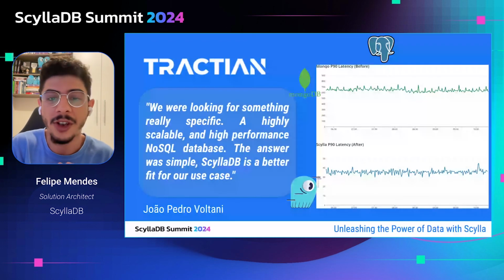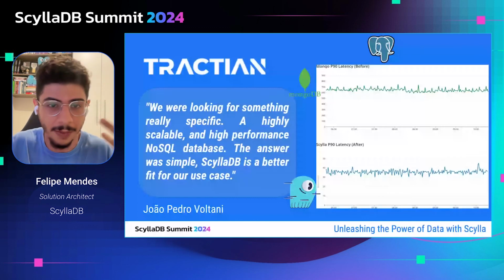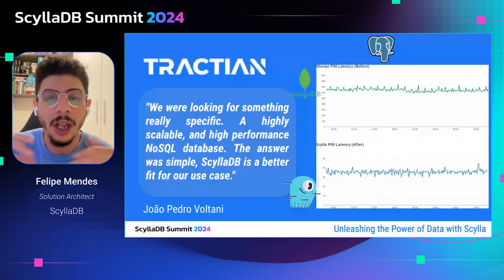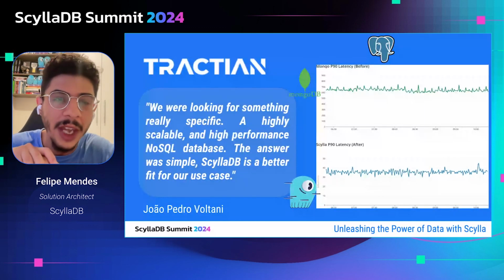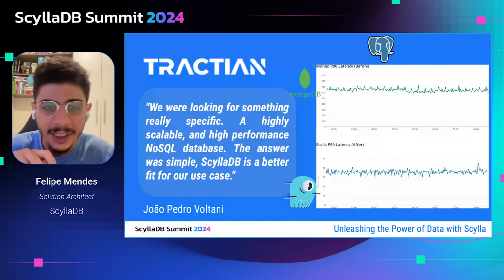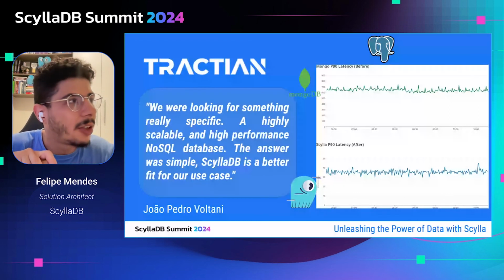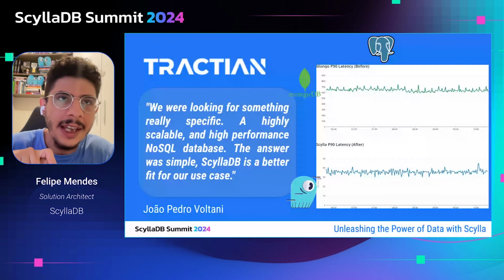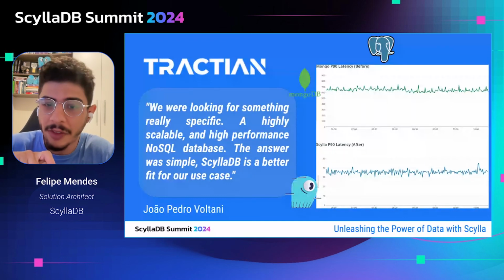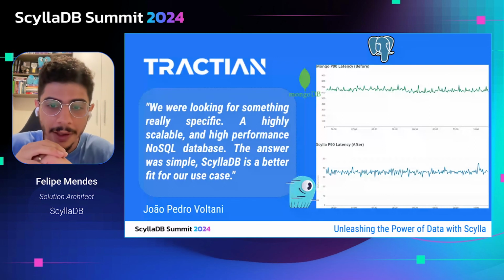And Traction also, similarly to what I just posed to you, thought that ScyllaDB would be an overkill for them. At the time, I recall I told them, listen, guys, ScyllaDB may be an overkill to you, but as I can see on your metrics, you are already struggling with MongoDB.